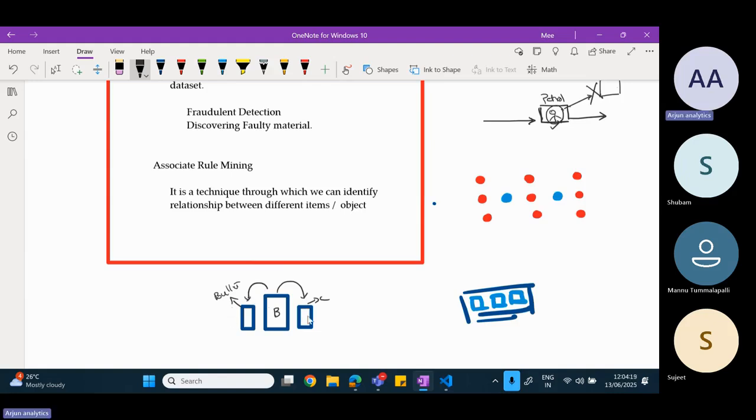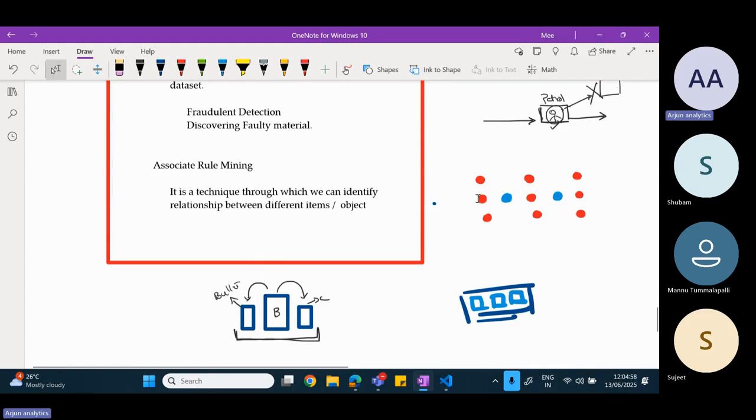So these are three different objects, but by knowing their relationship, that is, how frequently they are bought together, you can keep them together so that people can fetch them very fast. This is what is called association rule mining, where you find the relationship between different products.